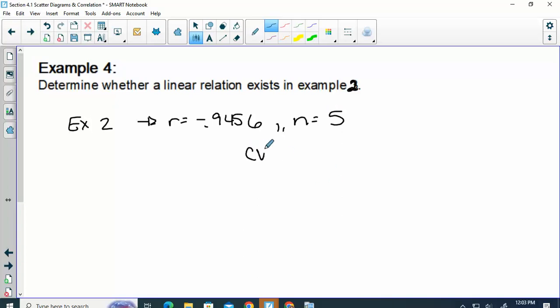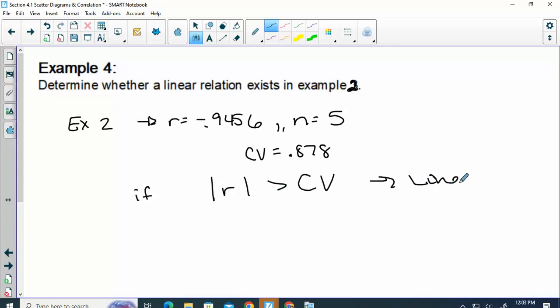So that means the critical value is 0.878. So as long as the absolute value of R is bigger than the critical value, we say it's linear. Okay, so is the absolute value of my R bigger than the critical value? So this one is good enough for a linear relationship.